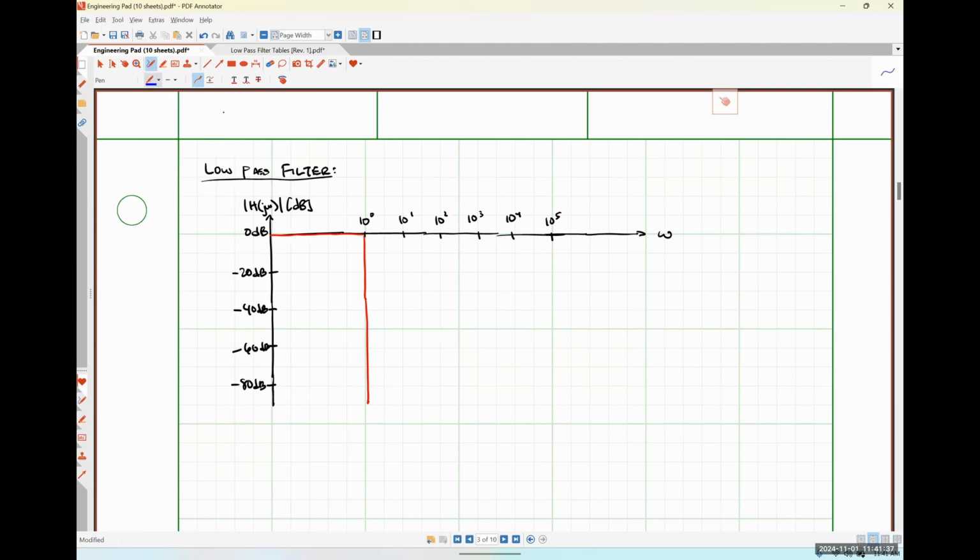For a first order filter, we would have something like this, where we have a roll off of negative 20 decibels per decade, right? So this is n is equal to 1, and I'm going to put negative 20 dB per decade of slope here. For a second order filter, it would roll off like this for our hand Bode plot.